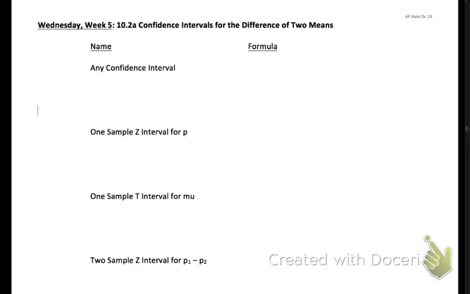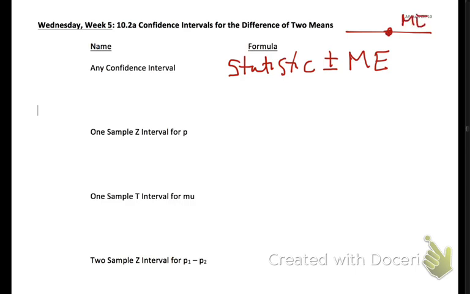So let's review the general formula for any confidence interval. Any confidence interval is the statistic plus or minus the margin of error. Remember, your statistic is your midpoint of the interval. The margin of error extends to the left and to the right, plus and minus the margin of error.